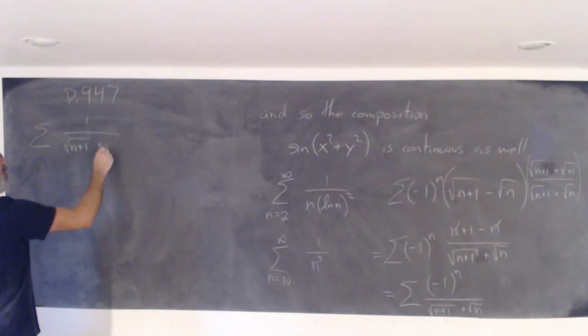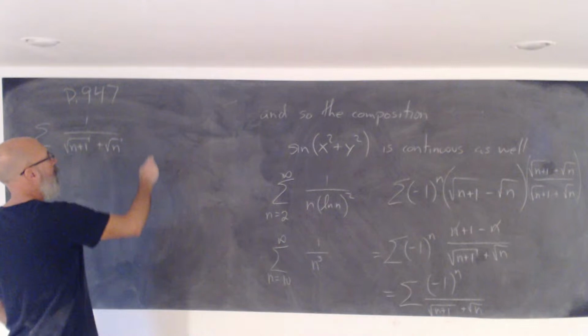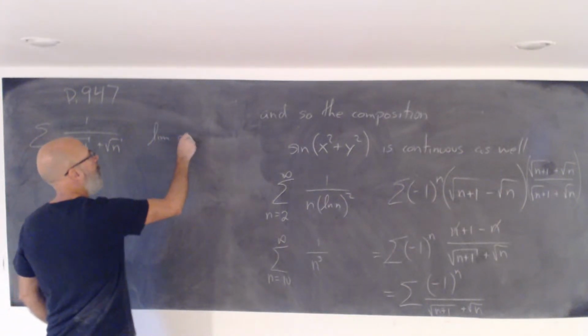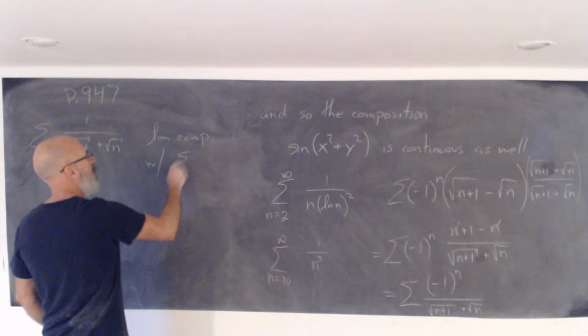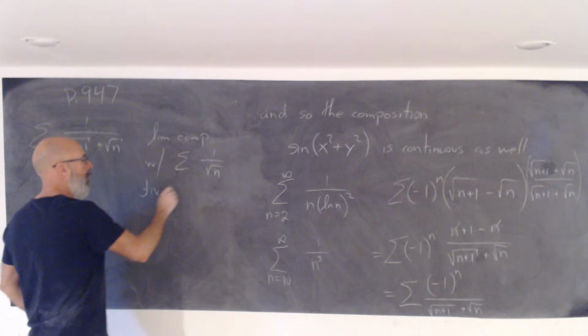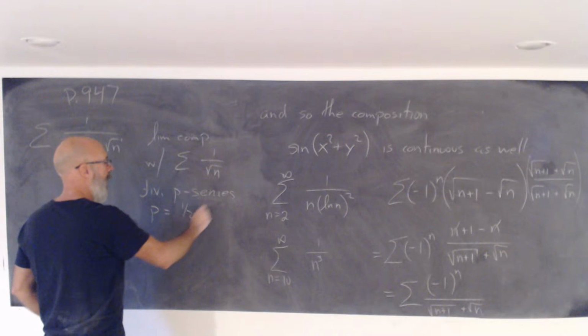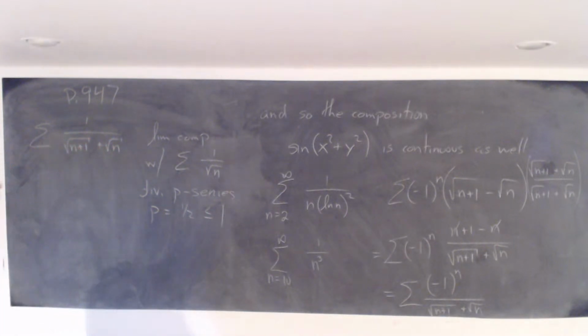We're going to test this series using limit comparison with the series 1 over root n, which is a divergent p-series, where p is 1/2, less than or equal to 1. So do a limit comparison, you'll see that the series diverges. I won't do it here, I'm sure you can do that, no issue there.